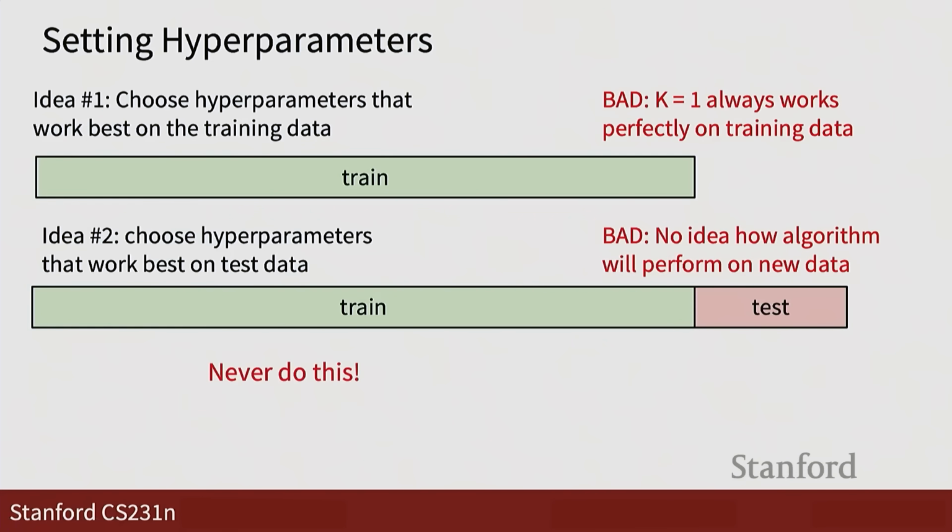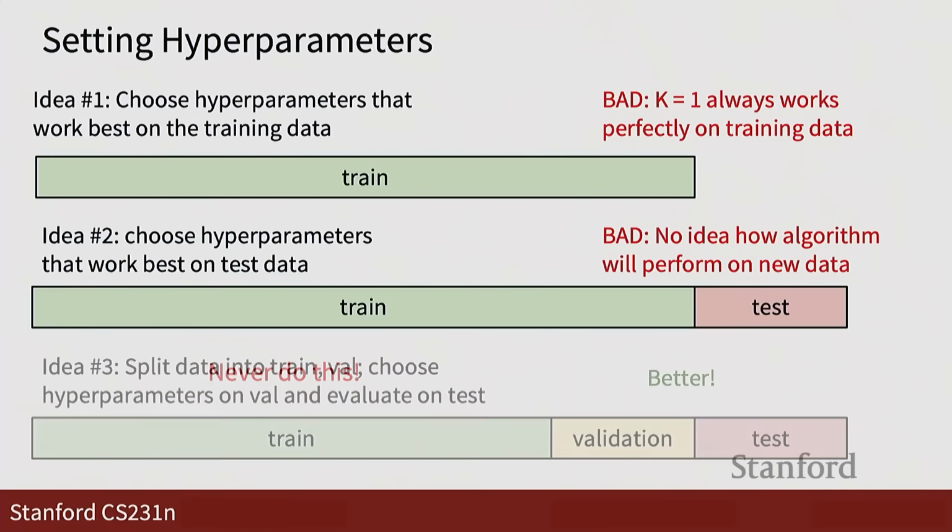Exactly, so it's kind of cheating, because you are trying to find the best hyperparameter that works on the testing data, and you don't know how the model will work on any other data points not in the testing set. So yes, that is exactly right. It's not a good idea because we don't know how the model will generalize, and for sure never do this. As we talked about, it's kind of cheating.